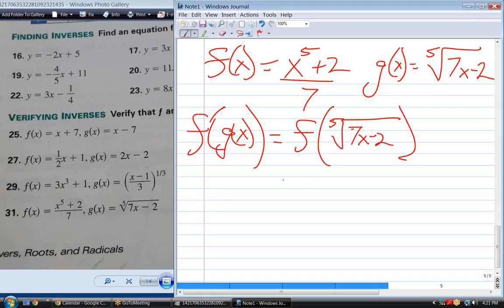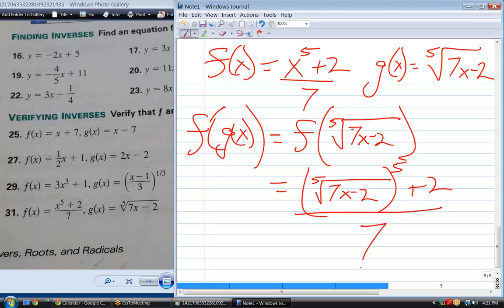Plugging this into the f equation, it would be the 5th root of 7x minus 2, to the 5th power, plus 2, over 7.